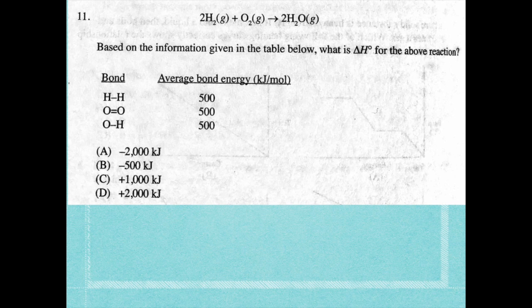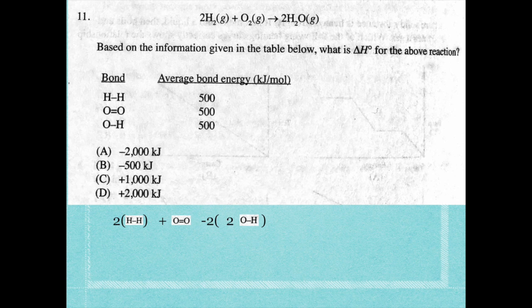So when I look at this, I know H2 would just be H bound to an H, a single bond. So it's going to be 2 times that bond energy, plus the energy needed to break a double bond for oxygen, minus, well, here's the thing, be careful with this problem because I have 2 water molecules, so that's what that first 2 represents, but then every water molecule has 2 oxygen-hydrogen single bonds.